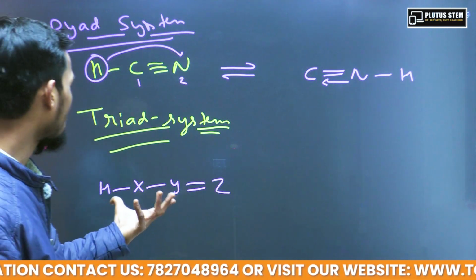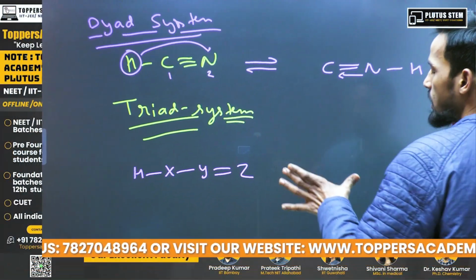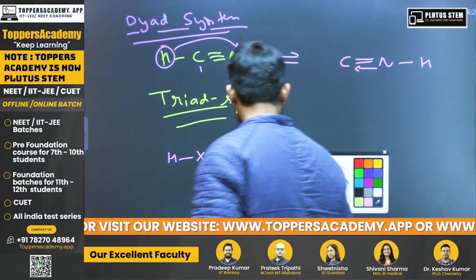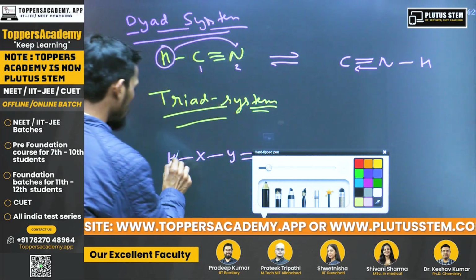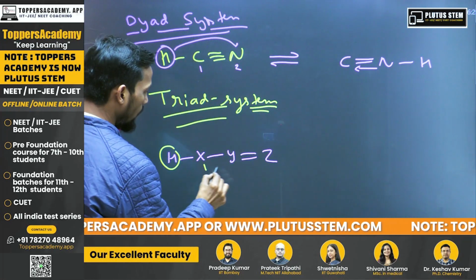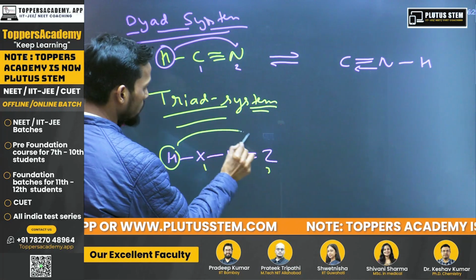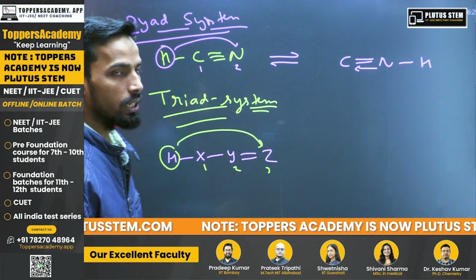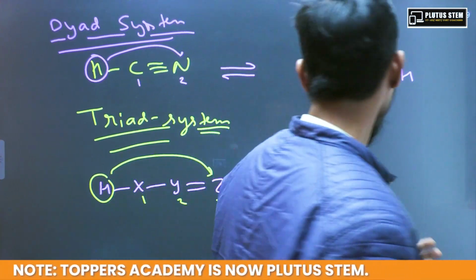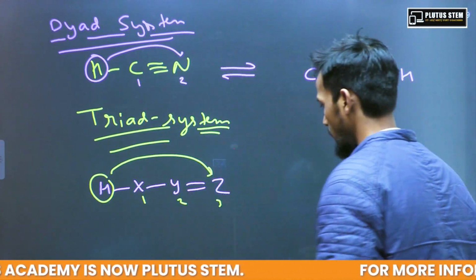X, Y, Z. If this type of moiety is there, what will happen? We will see the movement of this hydrogen from the first position to the third position.